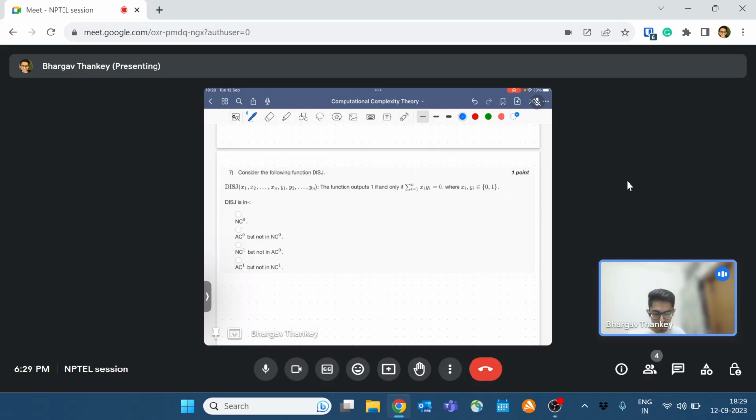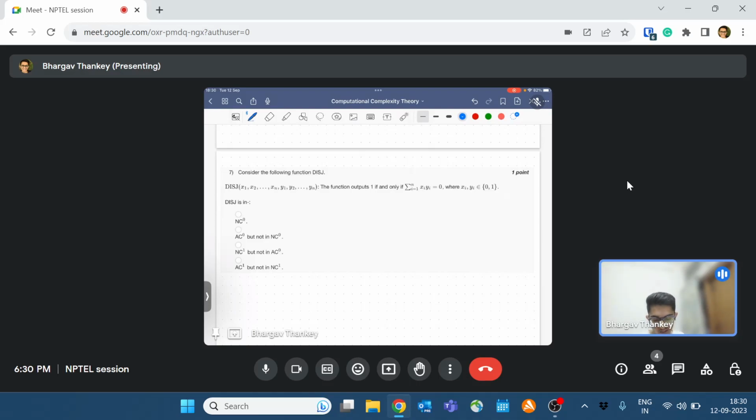The next problem is: consider the following function, disjoint. Disjoint of x1, x2 to xn, comma y1, y2 to yn, outputs 1 if and only if the sum over i in 1 to n of xi yi equals 0, where xi, yi are in {0, 1}.